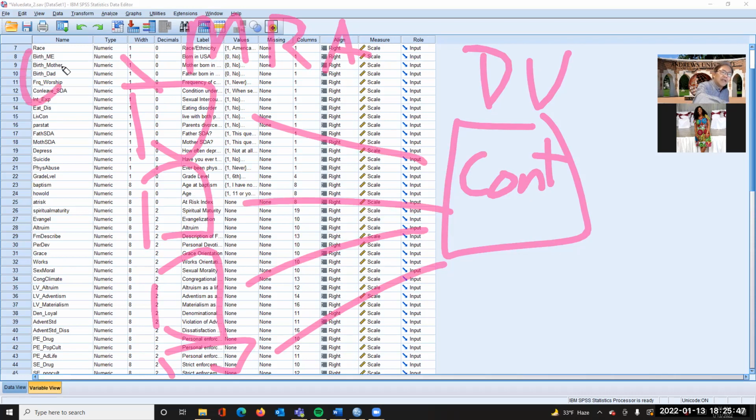So all of these are continuous or scale variables. Those were the constraints we looked at for multiple regression analyses last semester.